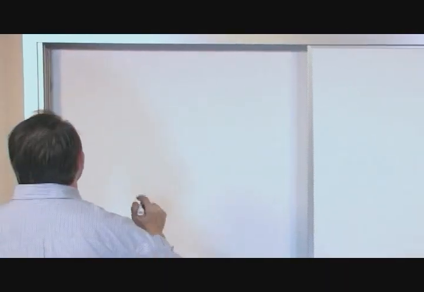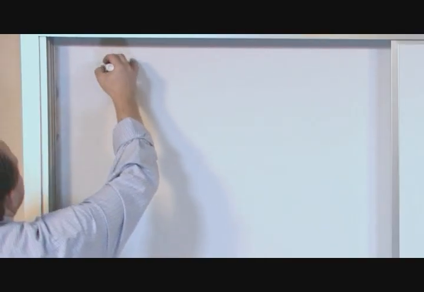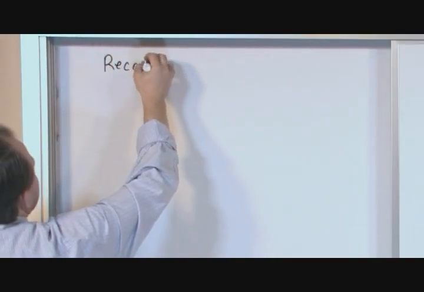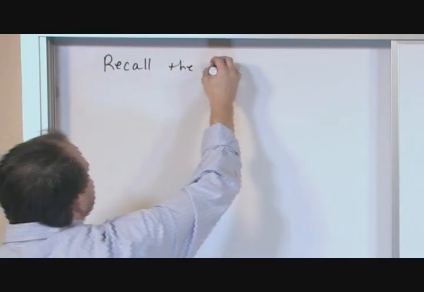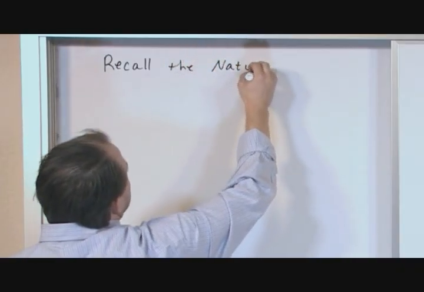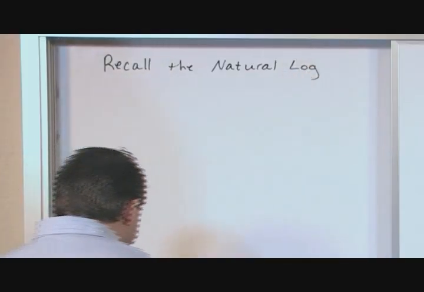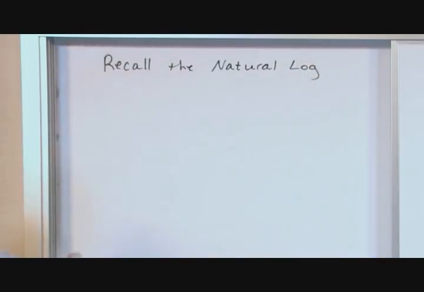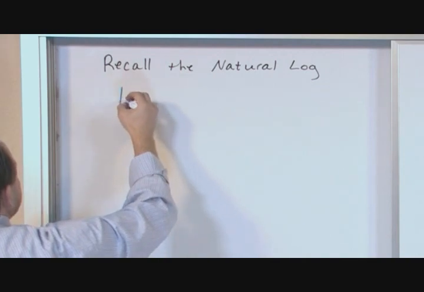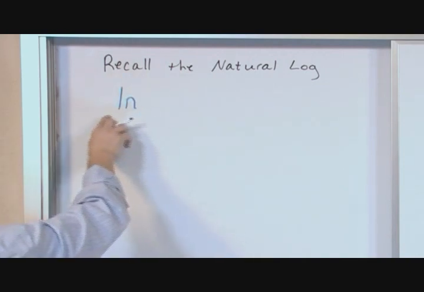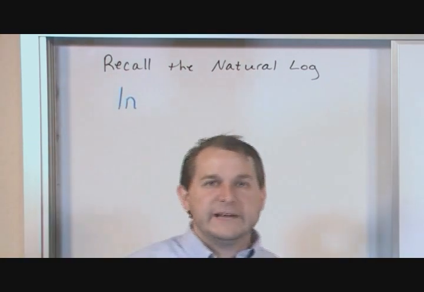So what we want to do is recall what this guy is before we learn how to take the derivative of it. Recall the natural log. Okay, so we sort of talked about it, but just to drill it home, basically there should be a button on your calculator with ln. It might be a second function somewhere, but you'll see ln of x.